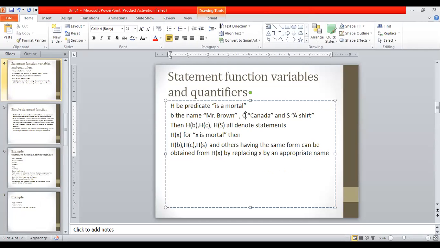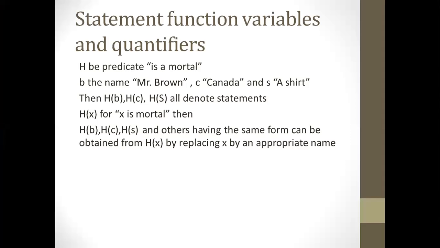So this is small c, the place, small s is for the shirt we are using. Okay, so capital H is the predicate "is a mortal", small b is the name for Mr. Brown, small c for the place Canada, s for the shirt.